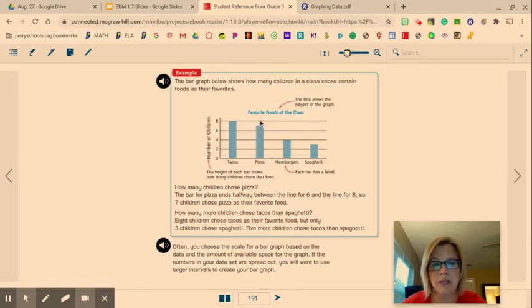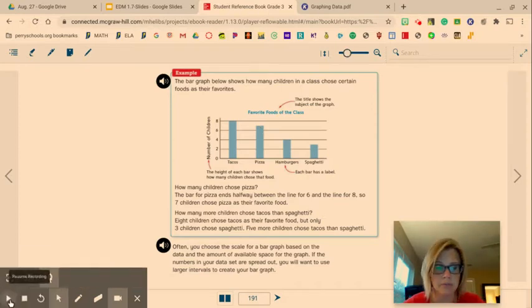It doesn't go all the way to 8. It goes in the middle, and 7 is in between 6 and 8. So 7 people chose pizza as their favorite food.